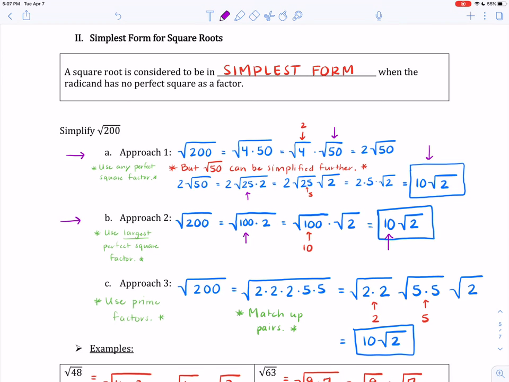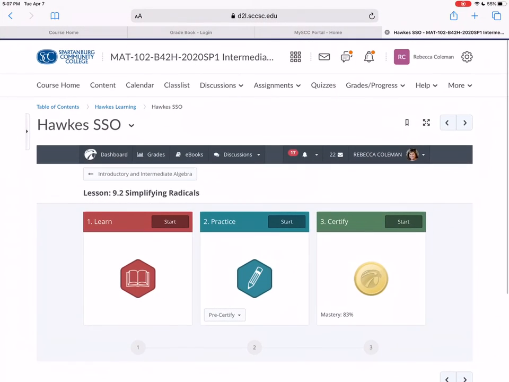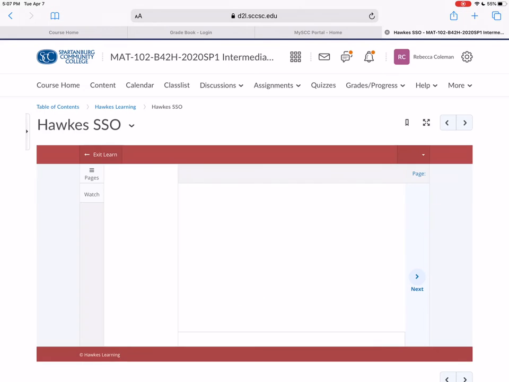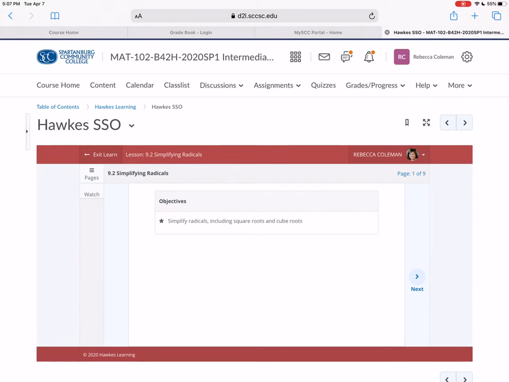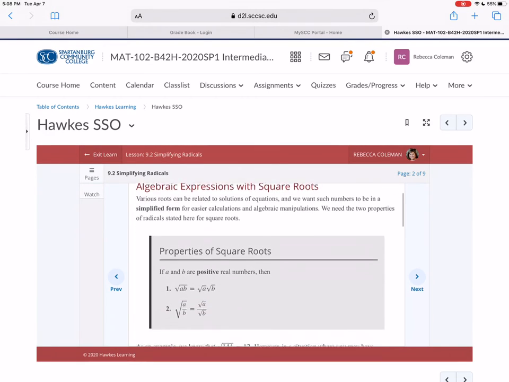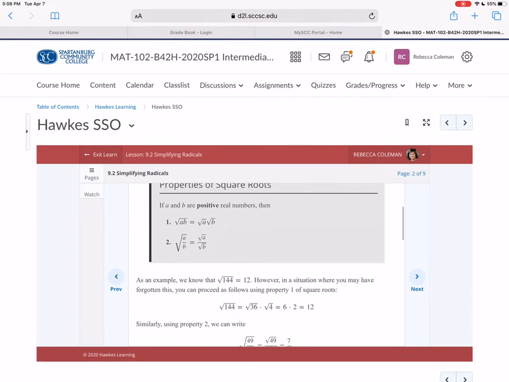Now, I also want you to remember how you should be approaching each section. You should always start with the Learn in ALEKS. Right? Even before you go to my notes, start with the Learn in ALEKS. This is going to walk you through the basic concepts that you're going to be using. It's going to give you any properties that you're going to need.